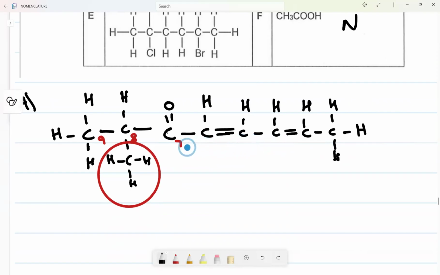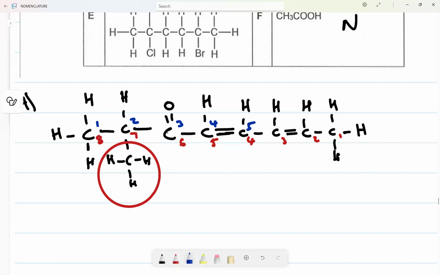So if I do that, I can recount: this is 1, 2, 3, 4, 5, 6, 7, 8. Now remember, I have two ways that I can count. I can count from this way to that way, or I can count that way. You should consider both ways. Okay.